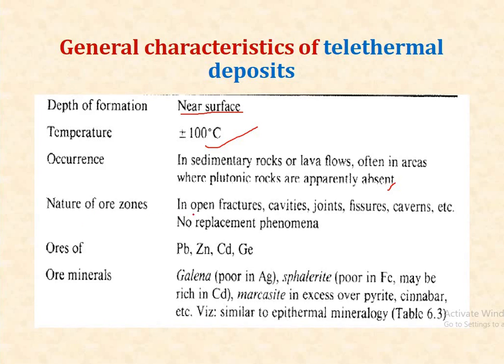Nature of ore zones: in open fractures, cavities, joints, fissures, caverns, etc. No replacement phenomena take place. Generally the ores of lead, zinc, cadmium and germanium are found in telethermal deposits. Ore minerals are galena, sphalerite, marcasite having excess over pyrite, cinnabar, etc.